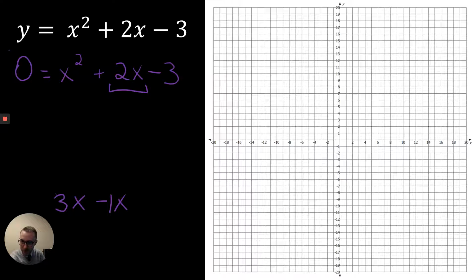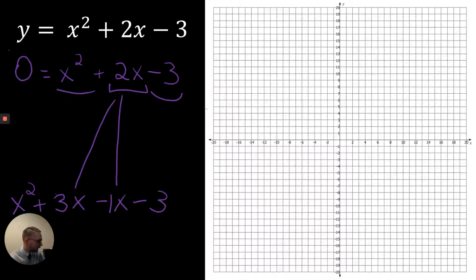So this gets split into these two terms. And then I'm going to take the x squared right here, and the negative 3 right here, and I'm just going to drop those down without changing them at all. This stays x squared plus 3x. This stays minus 3.